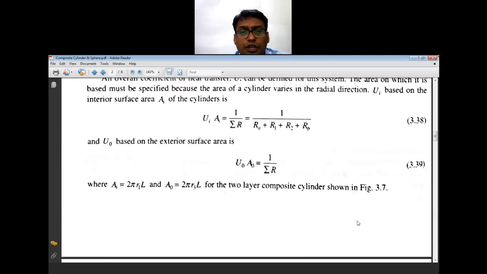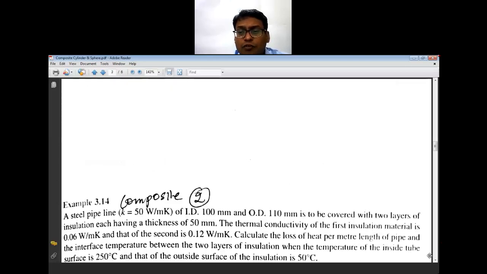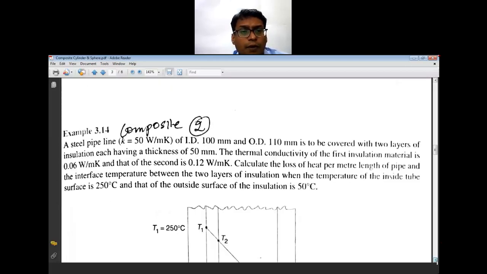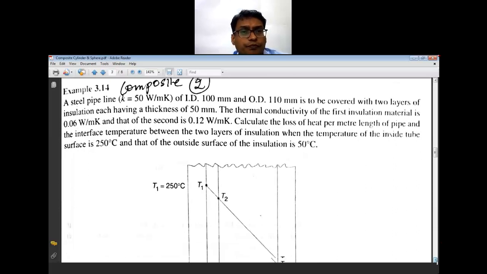So the overall heat transfer coefficient U, U into A, will be 1 upon the summation of all the resistances, where A1 is 2 pi R1 L, and Ao, the outer surface area, is equal to 2 pi R3 into L. So based on this, we will solve one problem related to this.